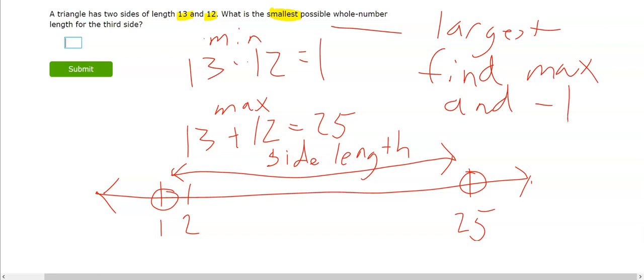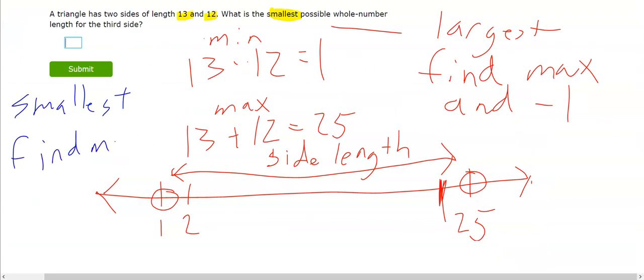Okay, that's going to put you right here, right inside the range, just one space away from the very limit. Now, if we want to do the smallest, okay, find the minimum and add 1. And that's going to put you right here.